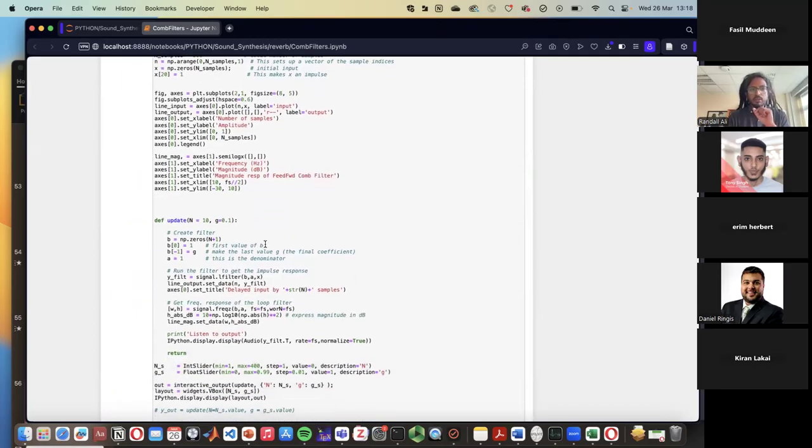There's a package called signal in Python, and it allows you to do what's called lfilter. lfilter does linear filtering, and you just need to use the coefficients of the filter to do that. So you develop the coefficients here.